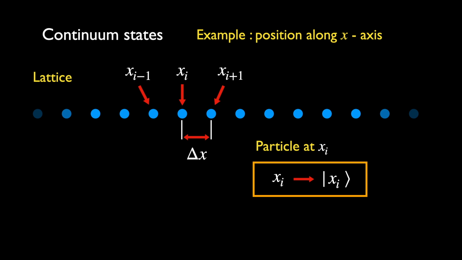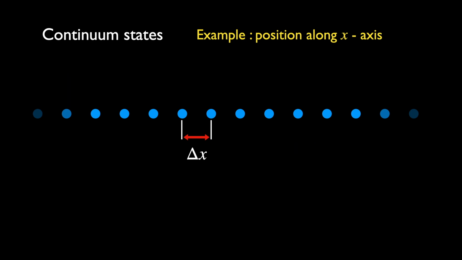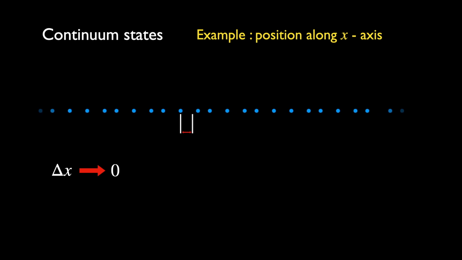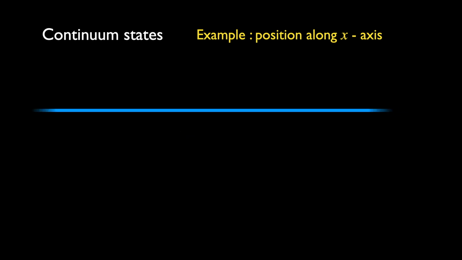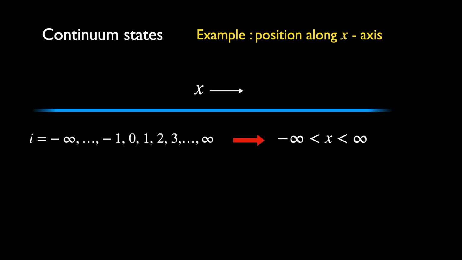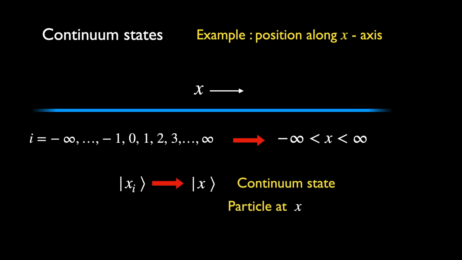Each position is associated with the corresponding position state. We then take the continuum limit by letting delta x go to 0. As a result, the lattice points cover the entire x-axis, and we replace the discrete position label by the continuous position variable x, and the corresponding position state by ket x. Ket x is a continuum state that represents the particle being in a definite position x on the x-axis.